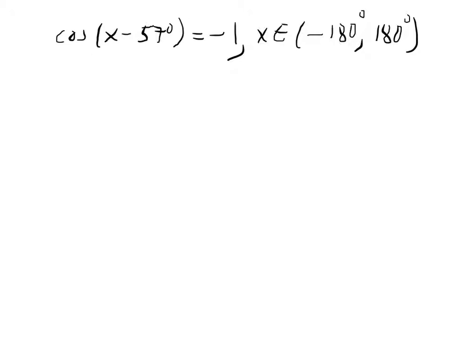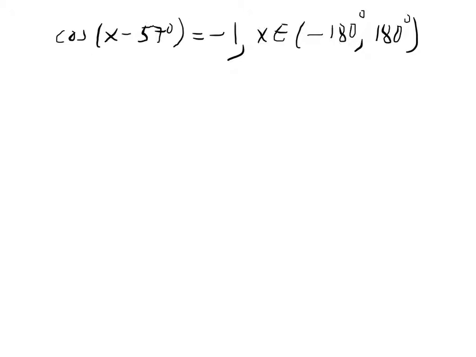Looking at this one here, I see a cosine of alpha minus beta, and I might think, oh, I want to expand this real quickly. But cosine of 57, sine of 57 is not looking very friendly. Furthermore, I'm asked to solve this a little differently. I'm asking you to find solutions for x between negative 180 and positive 180.